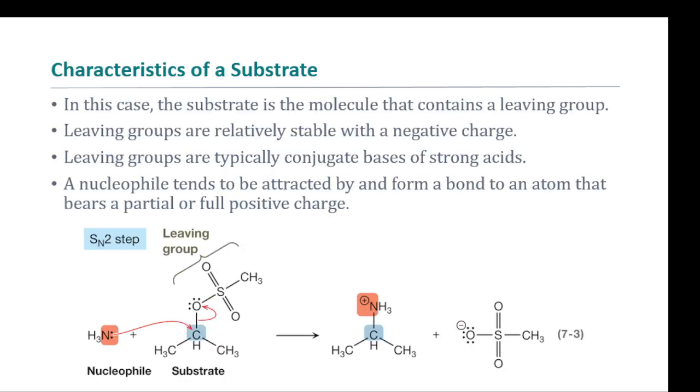Okay, fantastic. Okay, so let's talk about the characteristics of that substrate. So in this case, the substrate of the molecule is going to contain a leaving group that's fairly stable by itself. The leaving groups have to be relatively stable with a negative charge for this reaction to get a really good yield. Leaving groups are typically going to be conjugate bases of strong acids. Why would that make sense?